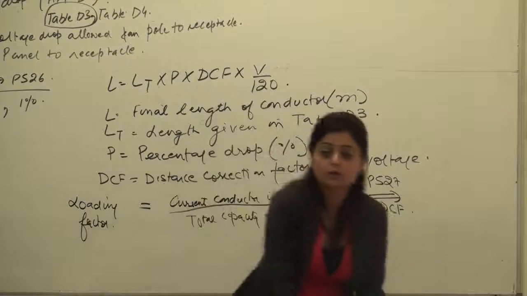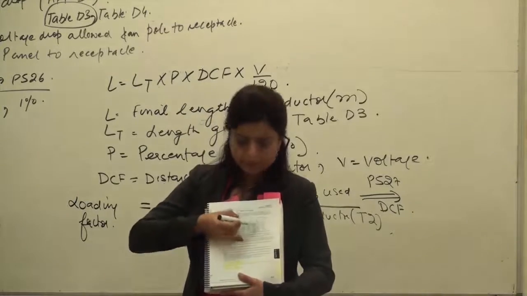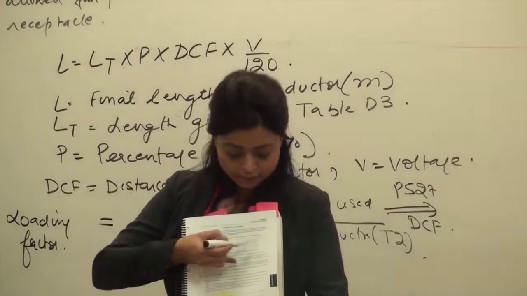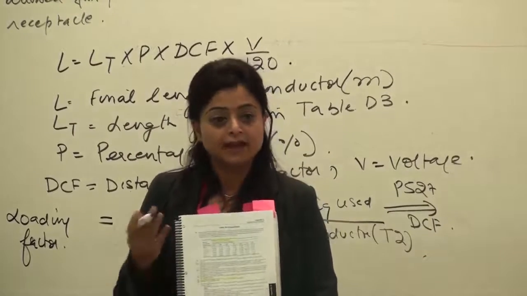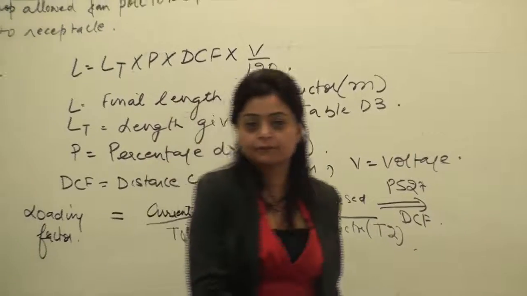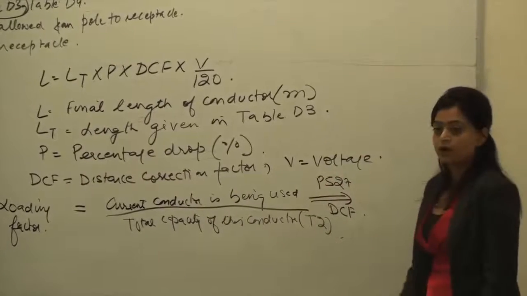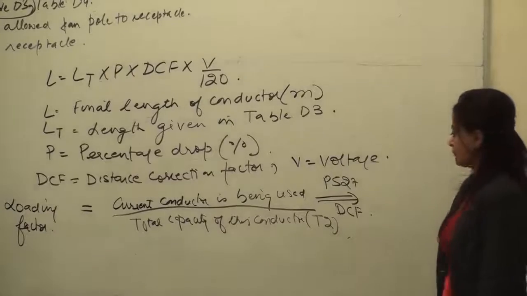Then look for the 50% column, which is right here. And if I am using a 90-degree conductor, my number will be 1.06. That is my DCF. Are we clear? Once you go to this, look for that same percentage column and the 90-degree row if your conductor is 90, and find your answer.